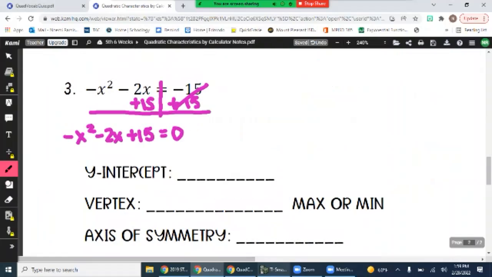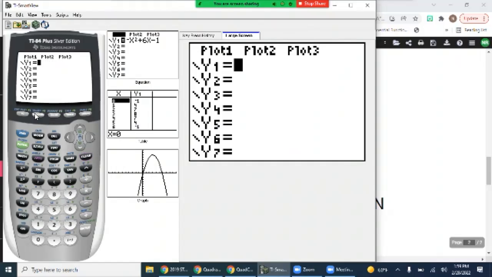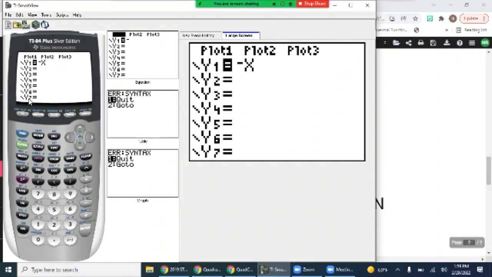So we can go ahead and put this into our calculator. Okay. So let's go ahead and put that equation in. Y equals negative x squared minus 2x plus 15.